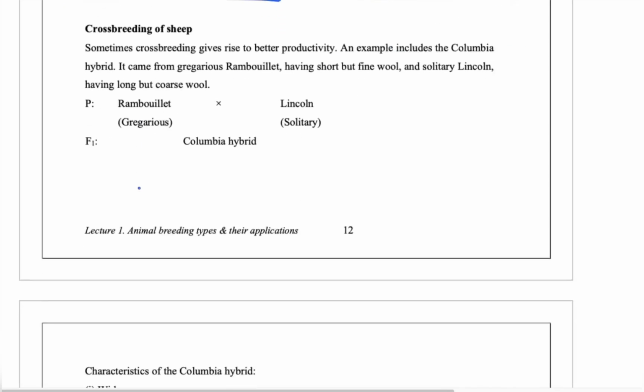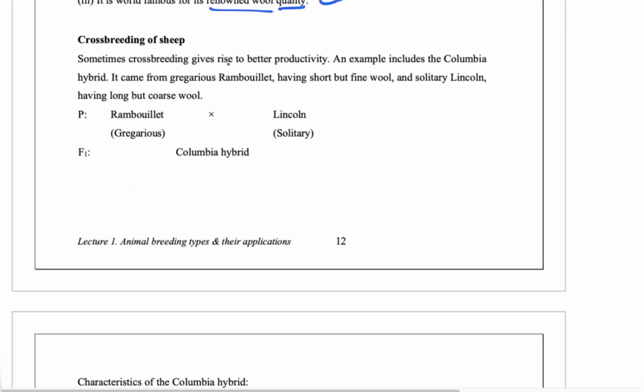And there is crossbreeding of sheep. So sometimes crossbreeding gives rise to better productivity. An example is the Columbia hybrid. It came from the Rambouillet, having short but fine wool, and Lincoln, which has long but coarse wool.